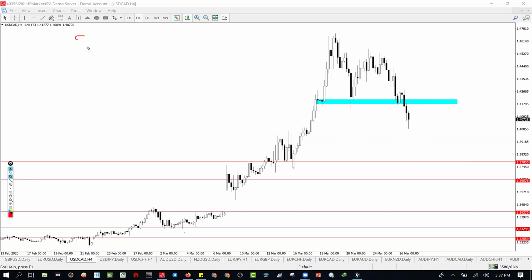We have the standard account, the mini account, the micro account, and some brokers offer a cent account.